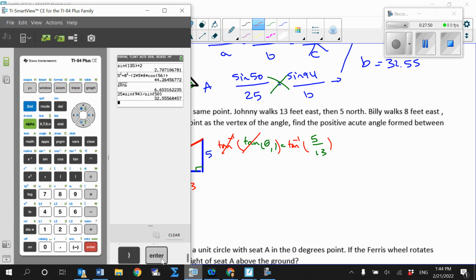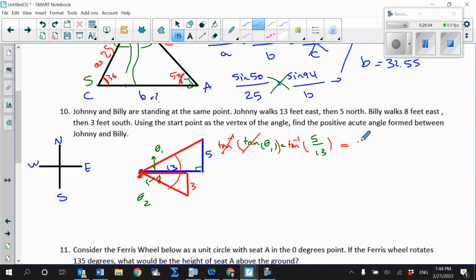So I'm going to use my calculator. Second tangent, that's tangent inverse of 5 over 13. 21.03. That's theta 1. Now, to find theta 2, we're using the same thing. Tangent of theta 2, which is this angle, is opposite over adjacent.